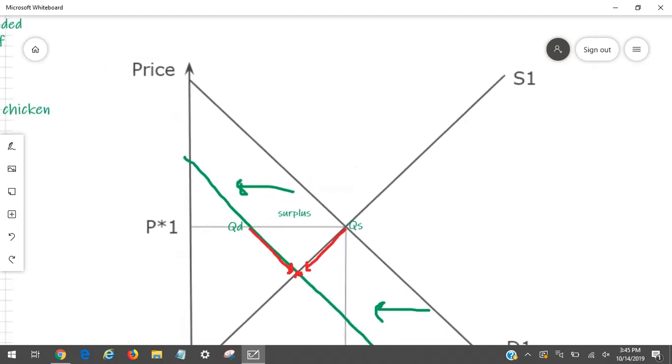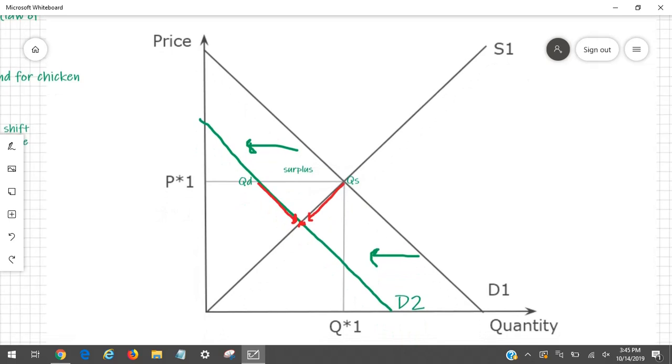Okay, so now I can label my new equilibrium. The reason I recommend students wait is because if you had already labeled this price line, then a lot of times when you go to label your surplus up here, people get confused because they don't know which price line to look at. So I recommend labeling your surplus, your QS and your QD, or your shortage before you go on to label that second equilibrium.